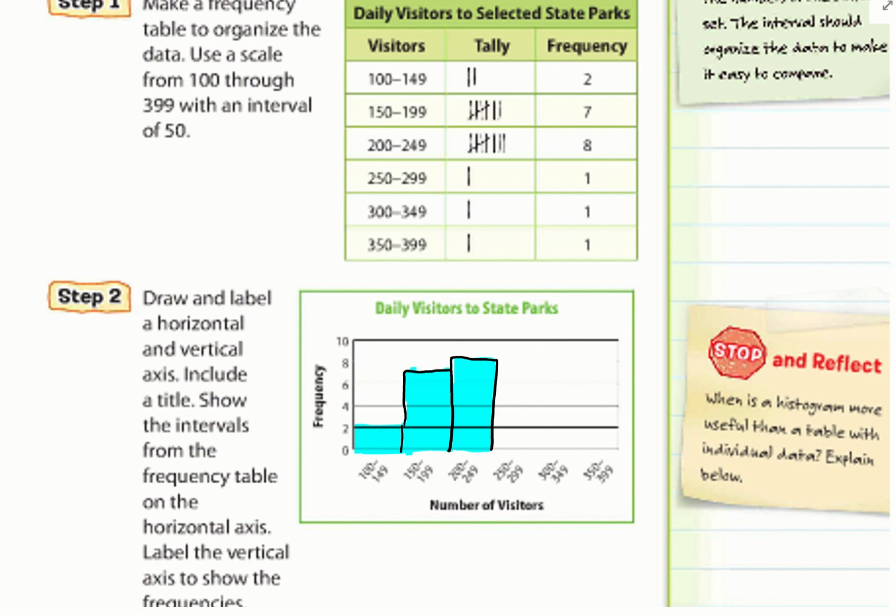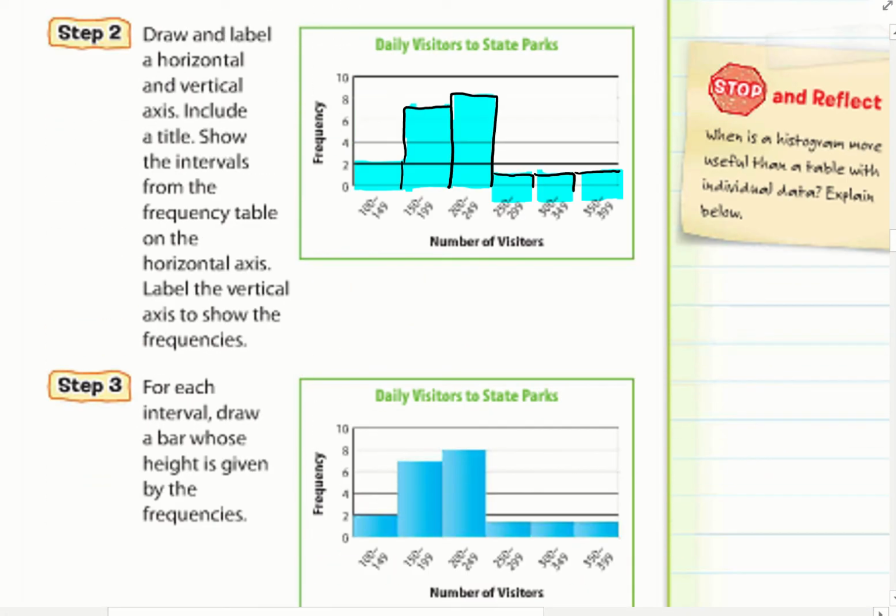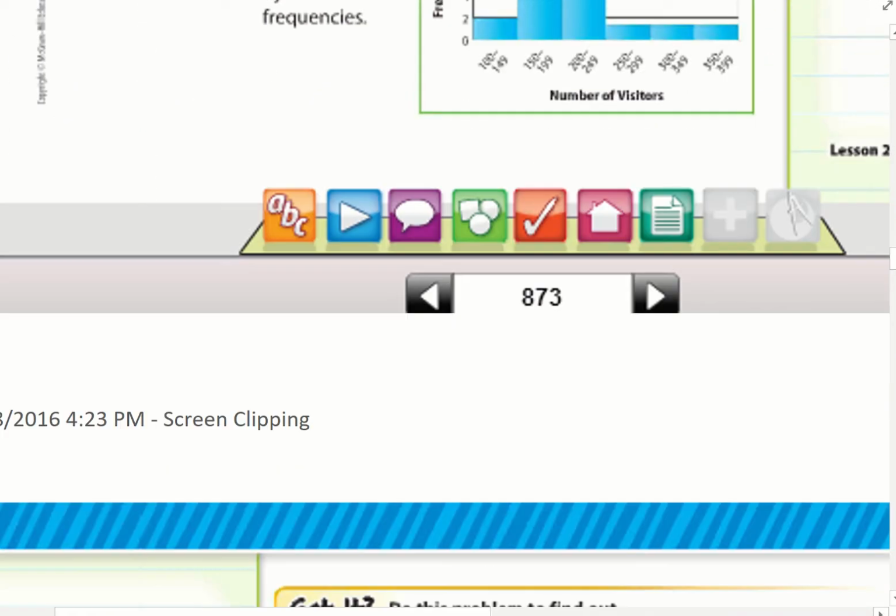From 250 to 299, we have 1. 300 to 349, we're at 1, and then there we're at 1. I'm going to try my best to color these. I don't have a smaller highlighter, so I apologize. So yes, we did make it pretty close, not to scale.